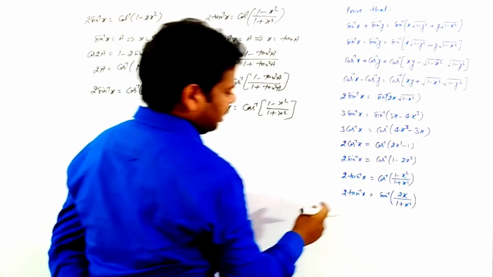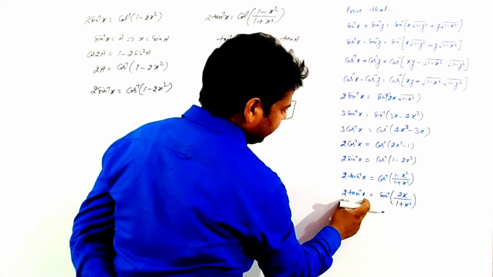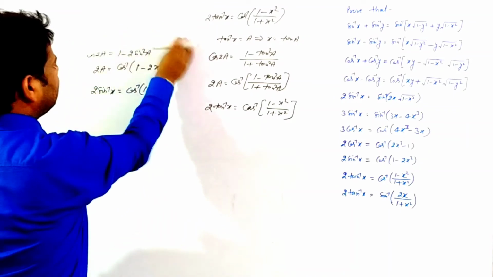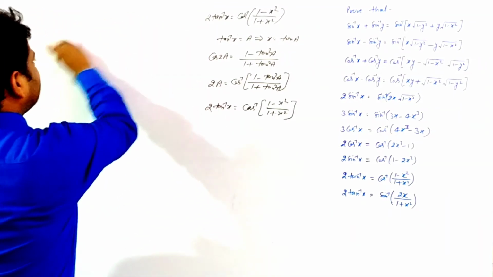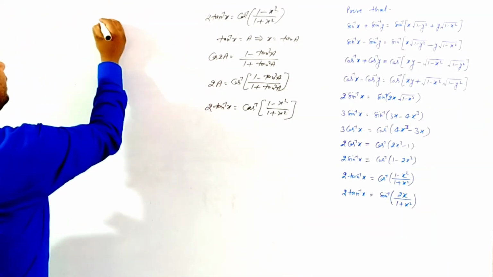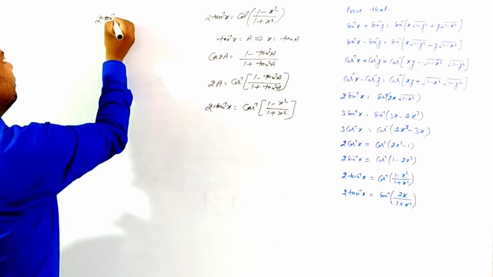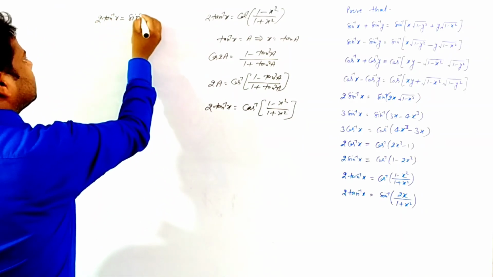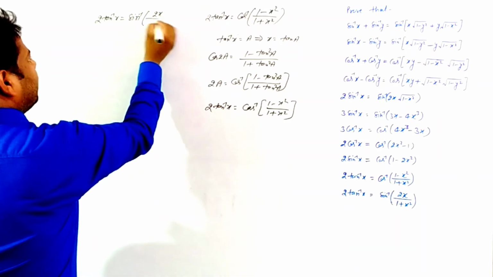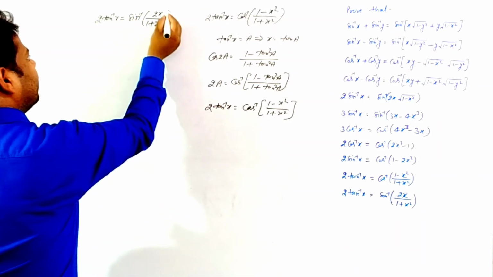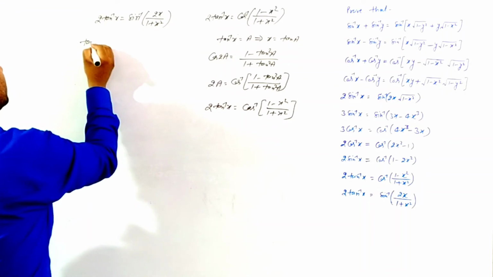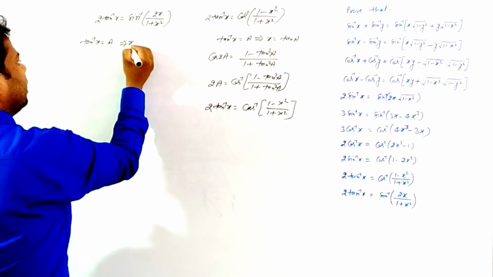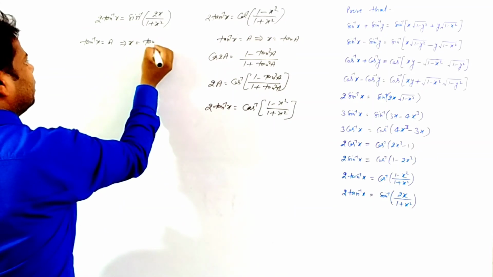This formula is verified, and we have 2 tan inverse x is equal to sin inverse (2x upon 1 plus x square). First we can write 2 tan inverse x is equal to sin inverse 2x upon 1 plus x square. Let us suppose that tan inverse x is equal to a, and here x is equal to tan a.